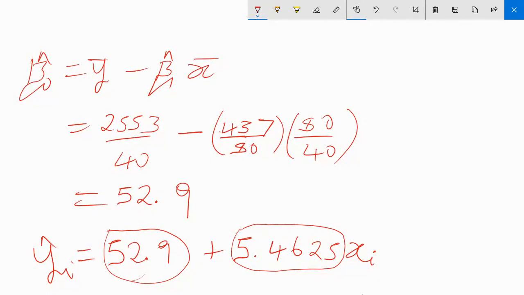So if x is equal to 0, it means what? The student did not use any textbook, so that student is expected to mark around 52.9. Is it clear?